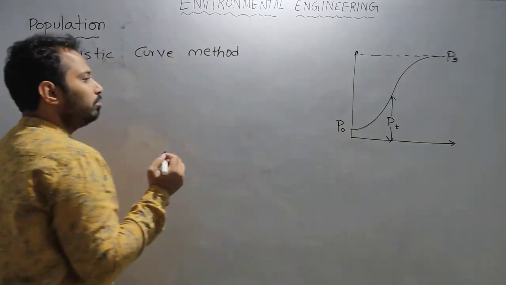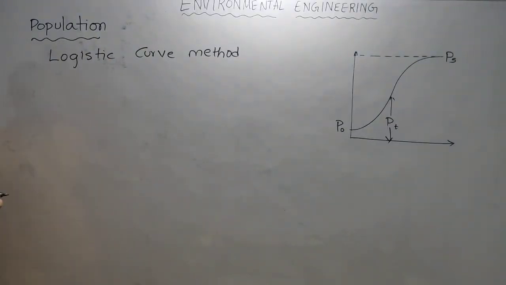These are the three populations we have in the logistic curve method, or any method we want to discuss.